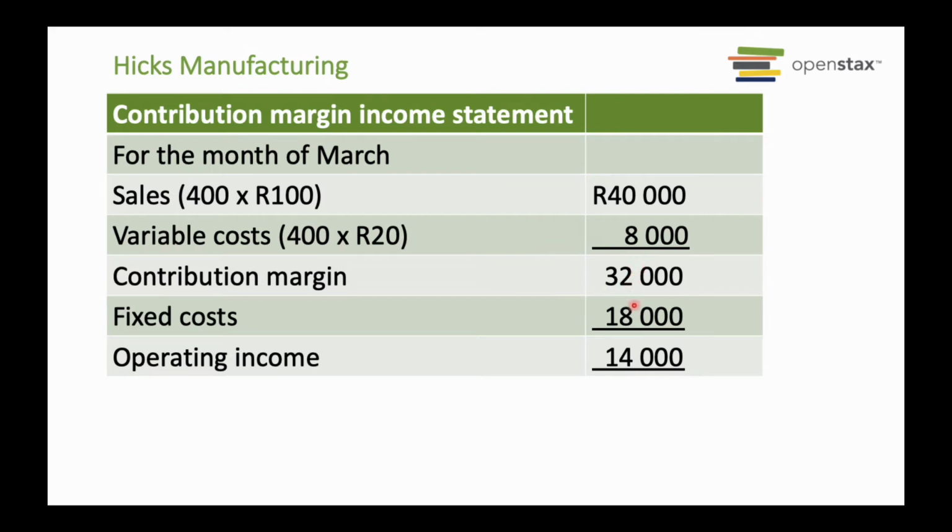Contribution margin minus fixed costs is equal to operating income. So this is the standard format for a contribution margin income statement. Sales less variable costs equal to contribution margin minus fixed costs equal to operating income.